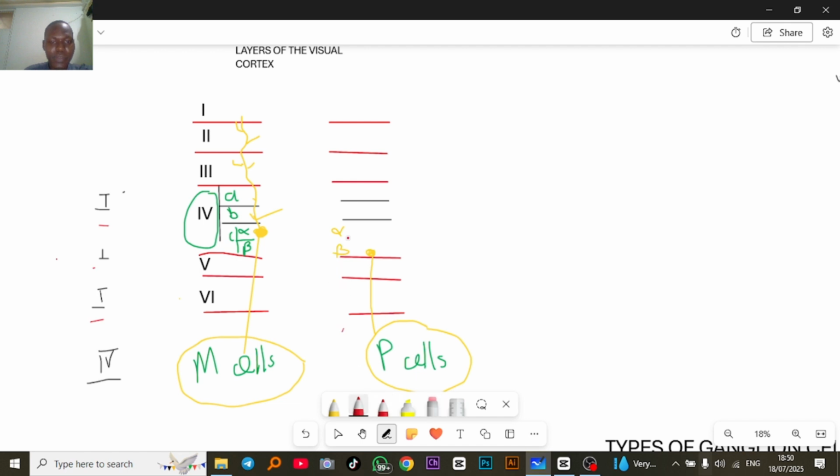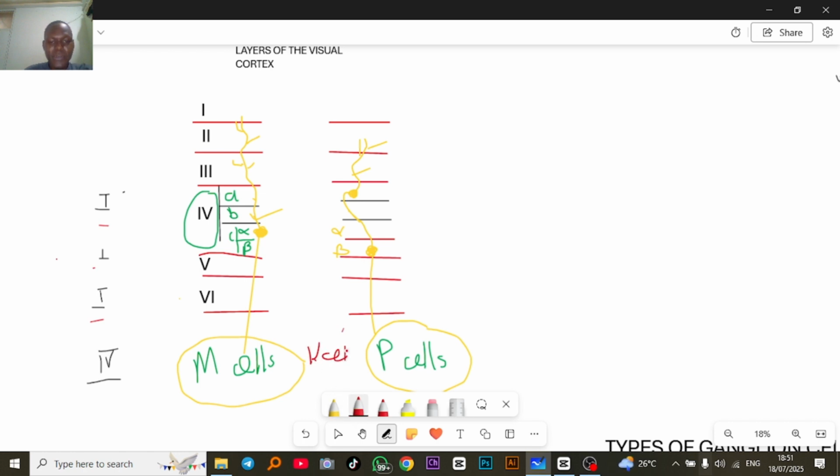From there, some of them will terminate in layer 4A here. So we shall have another nucleus in layer 4A, then others in 4C beta. Then from here we can have them spread into other layers.